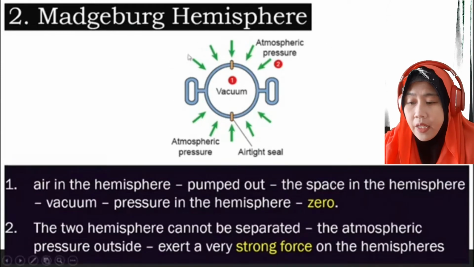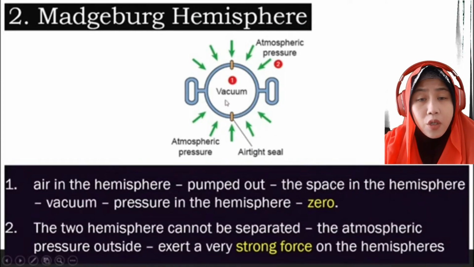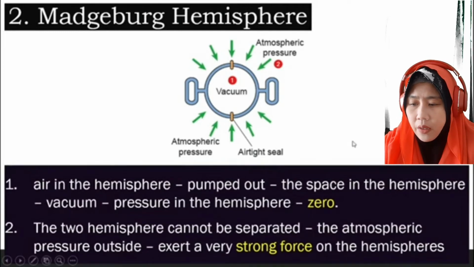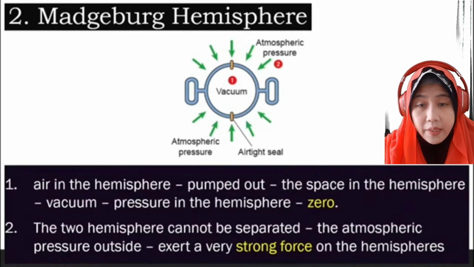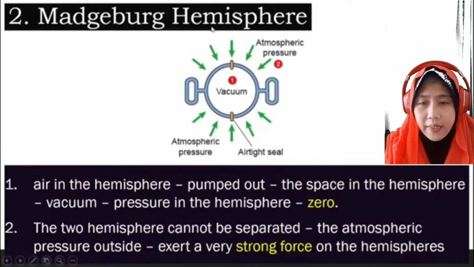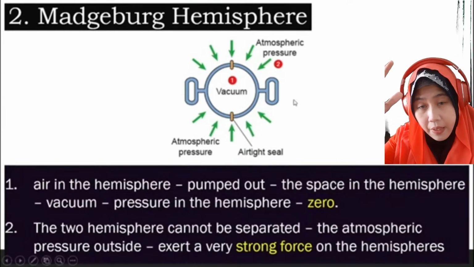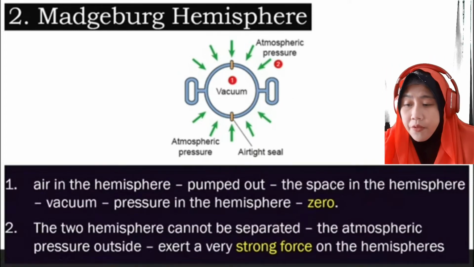That's why you can see it will be glued together, very strong. You cannot really separate it. It's like glued together. This is because of the atmospheric pressure outside. It pushes the two hemispheres.